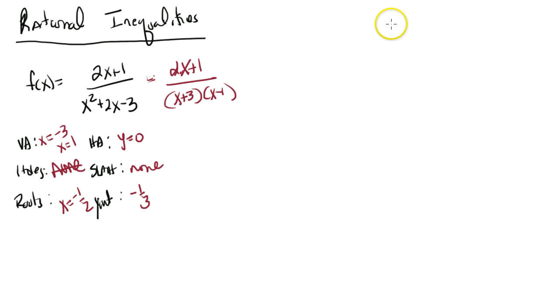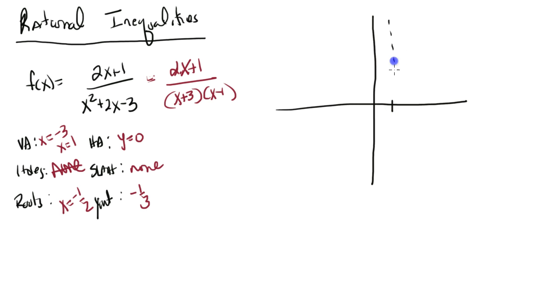Now if I ask you to graph this, it would look something like this. Positive 1, and negative 3. The horizontal is on the x-axis.